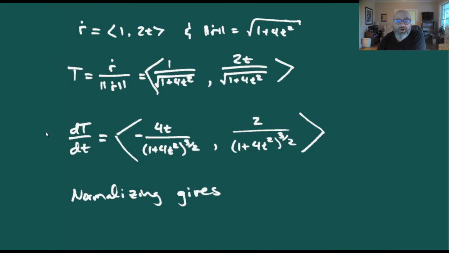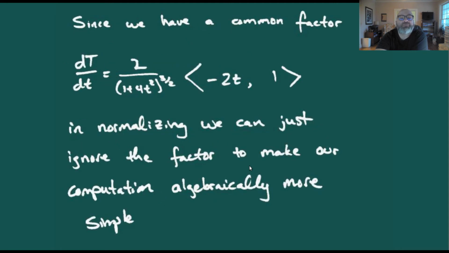So now for our normal vector, we look at the derivative of the unit tangent. The derivative of the unit tangent gives us ⟨-4t over (1 plus 4t squared) to the 3 halves, 2 over (1 plus 4t squared) to the 3 halves⟩. And what we want then is a unit normal in that direction.